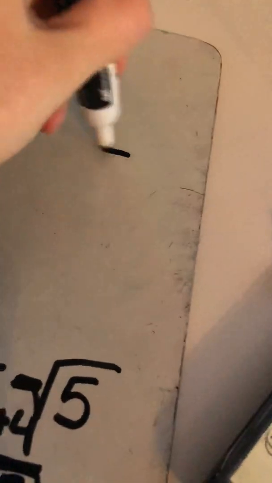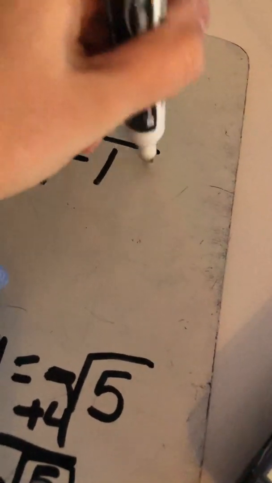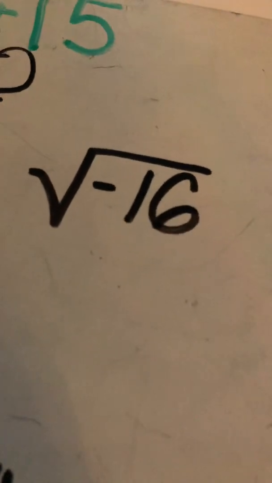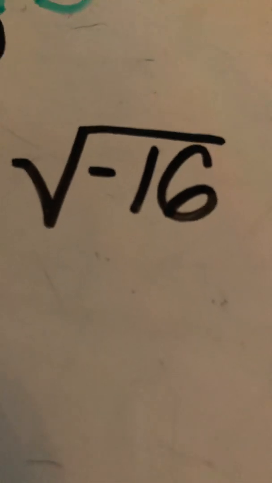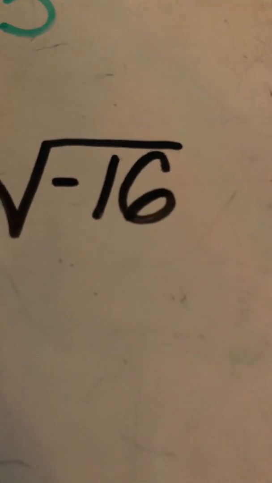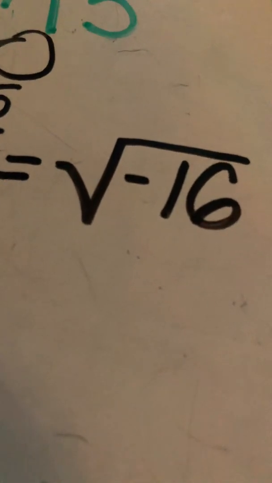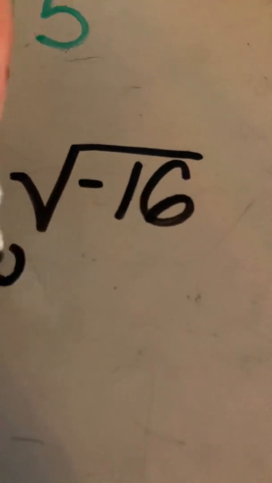Last thing I want to go over. Can I take the negative square root of a number? No, you cannot. If you have an equation that's equal to the negative square root of a number, this would give you no solution or no real roots.